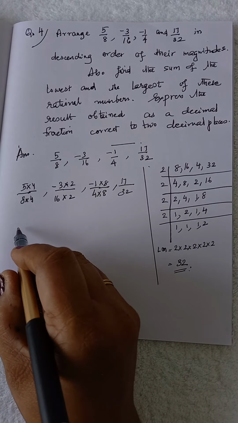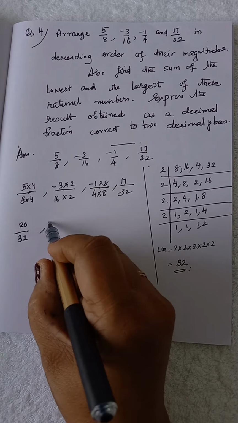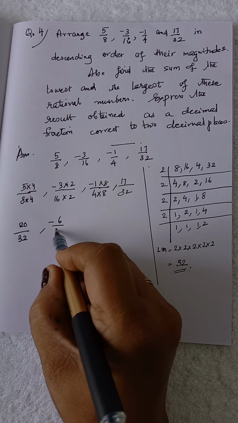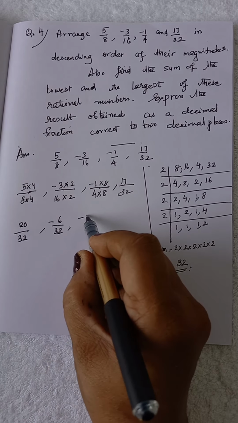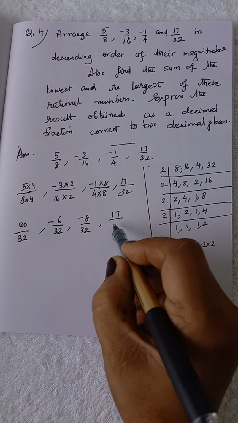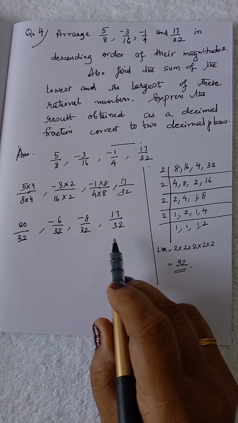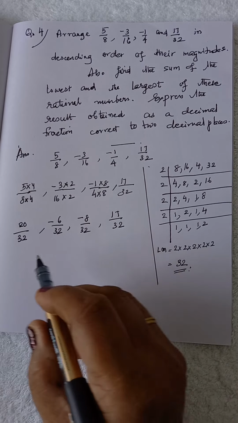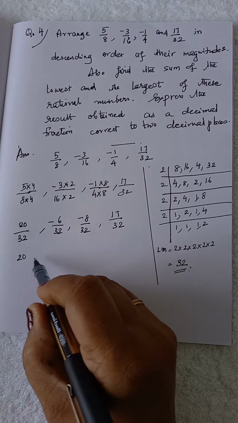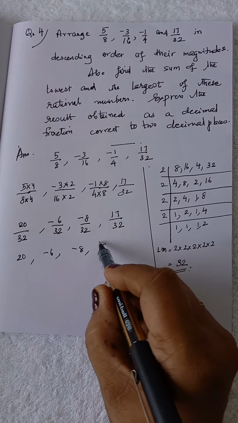So this is 20 by 32, minus 6 by 32, minus 8 by 32 and 17 by 32. Here the denominators are same, so we want to compare the numerators only. So let us write this as 20, minus 6, minus 8 and 17.